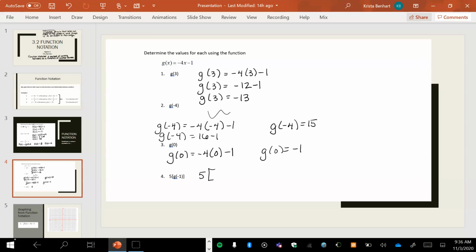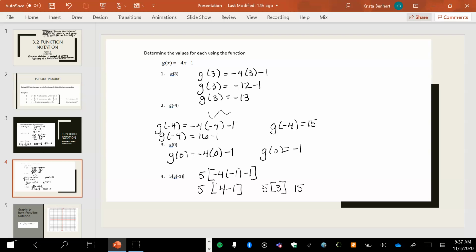So in brackets, I'm going to put negative 4 times negative 1 minus 1. So I have 5 times 4, because negative 4 times negative 1 is 4, minus 1. So I have 5 times 3, which is 15.